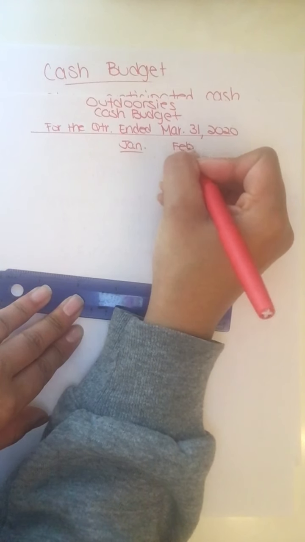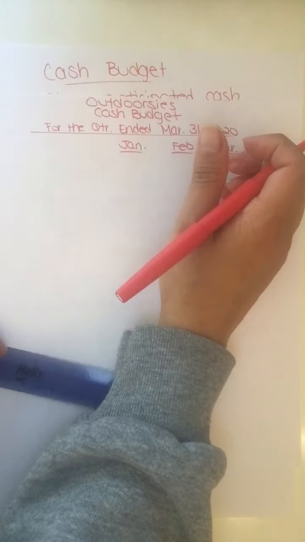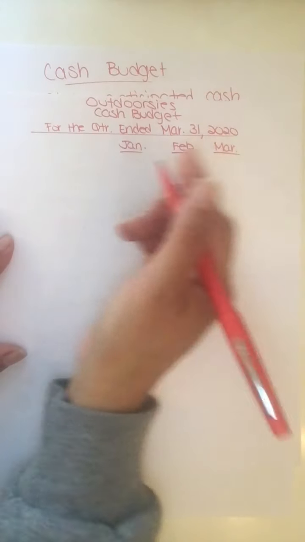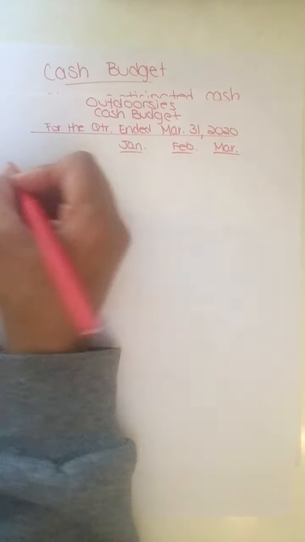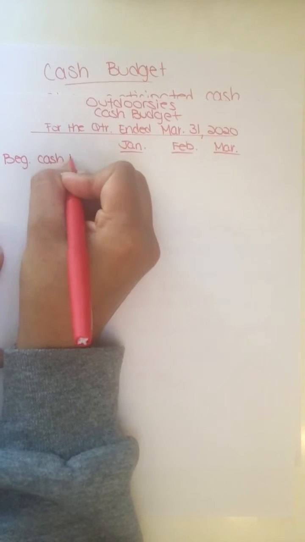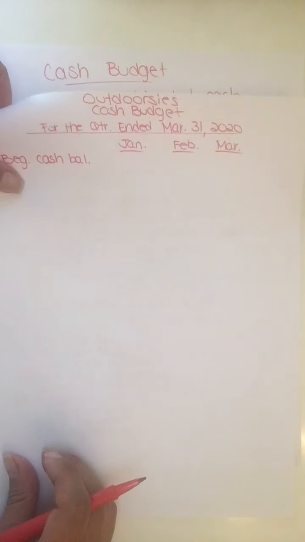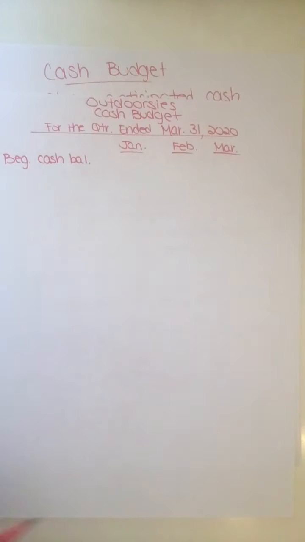Jan, Feb, and March. We said the starting point for the cash budget is the beginning cash balance. So here, beginning cash balance. That should be either provided to you, or you would grab that from the prior year's balance sheet. Whatever they ended the cash with is what they'd start this period with.